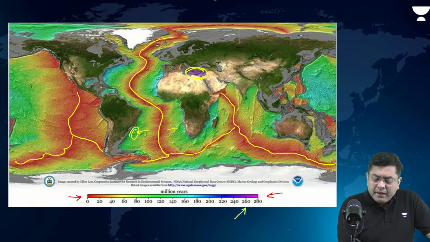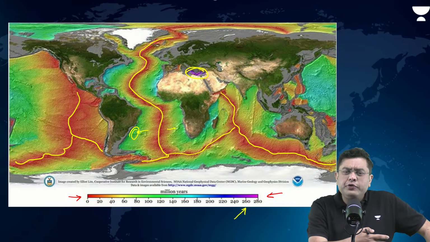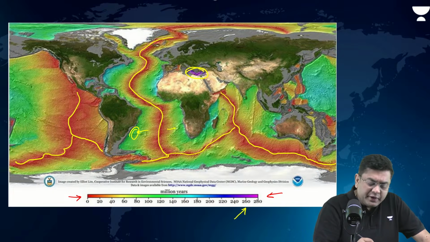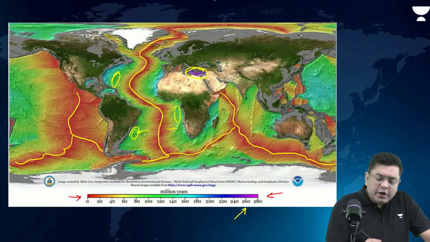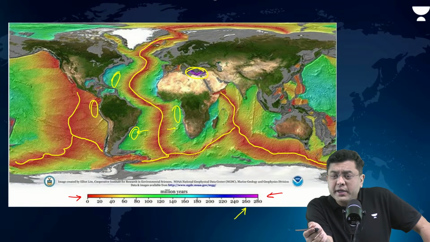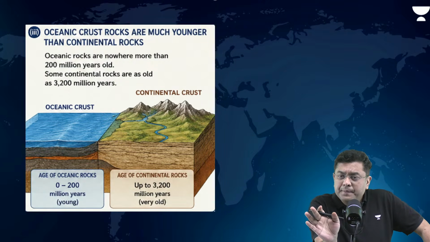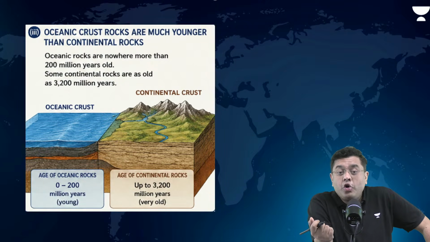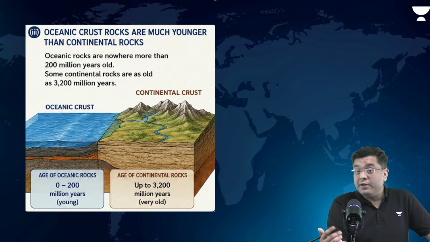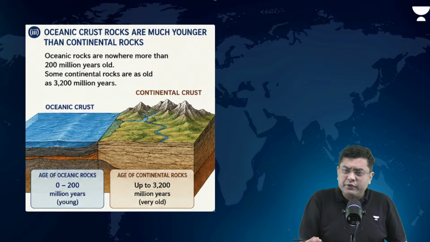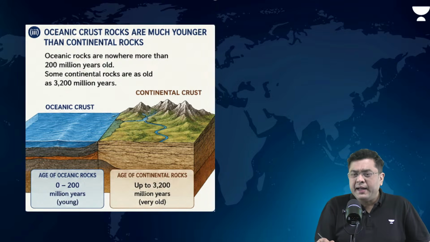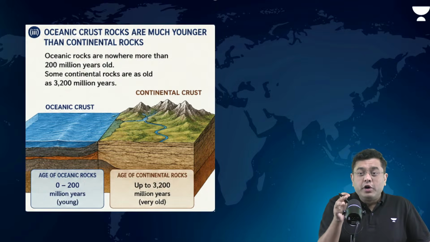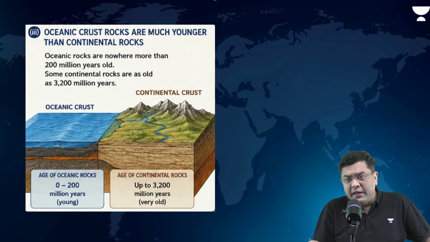But then, when Harry Hess was observing the ocean floor, he would observe that nowhere would he be able to find oceanic rocks which are older than 200 million years. Nowhere. Whereas over the continents, you can find rocks which are more than 3 billion years old. For example, in regions of Australia, you have some rocks which are more than 3.2 billion years old.